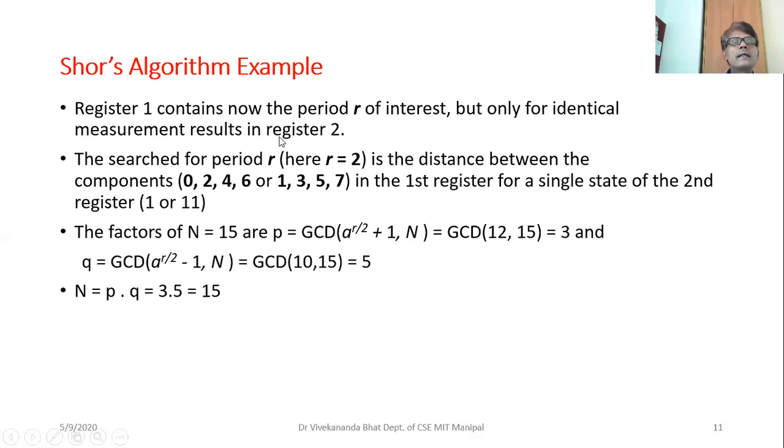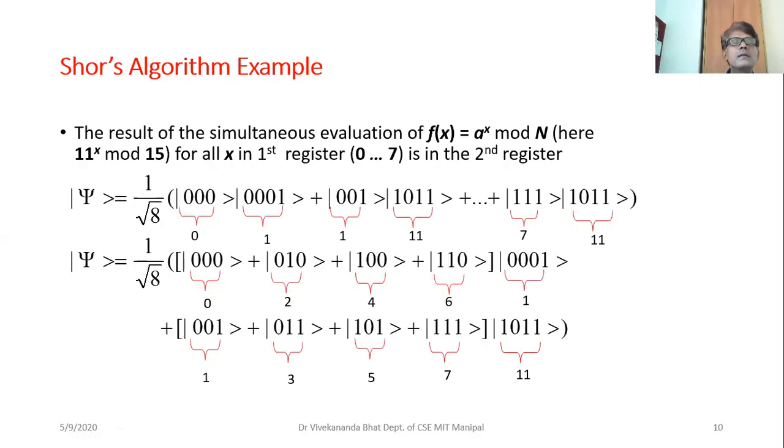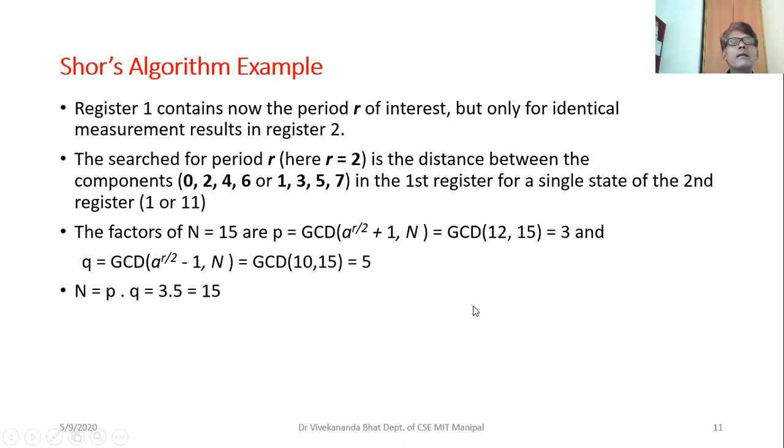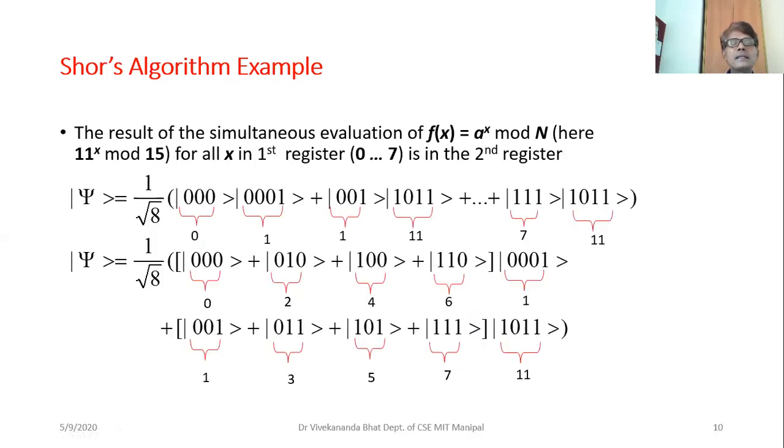So register 1 contains the period r of interest, but only for identical measurement results in register 2. So the period is contained in register 1 for identical measurement results in register 2.